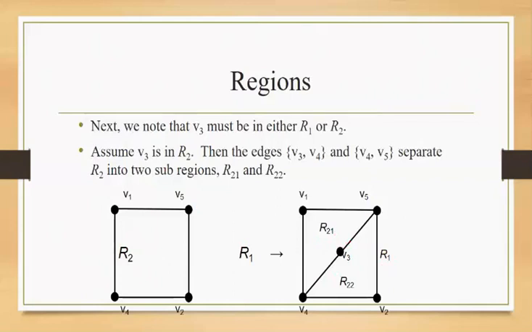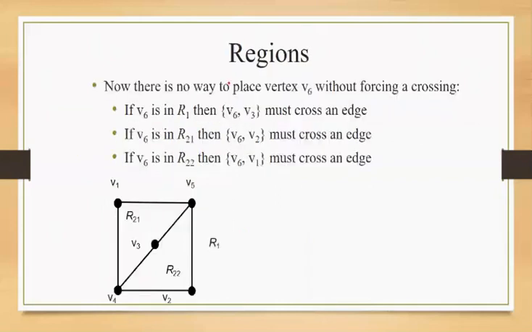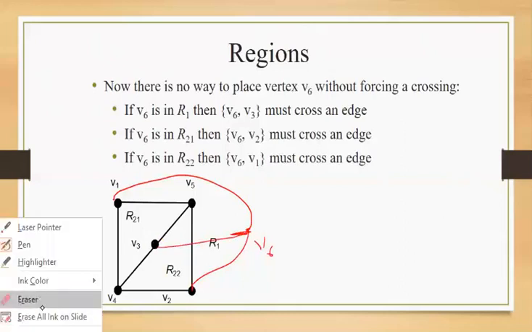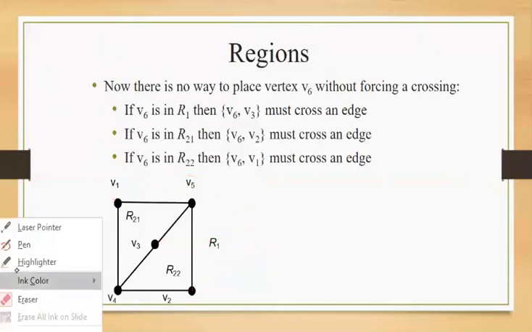After that, there is no way to place vertex V6 without forcing a crossing. Suppose I place V6 in R1. I can connect V6 to V1 this way, V6 to V2 this way, but V6 and V3 will cross. So I cannot place V6 in R1. Now we check whether we can place V6 in R21.